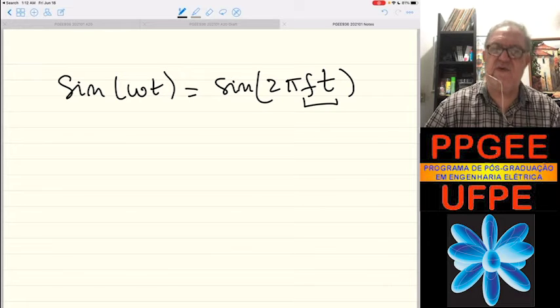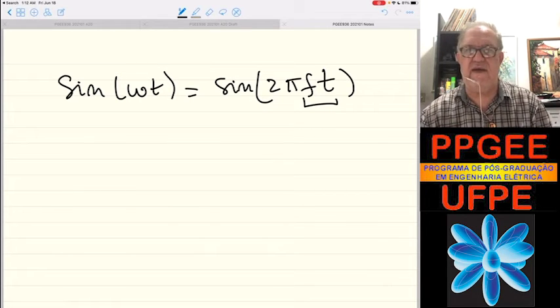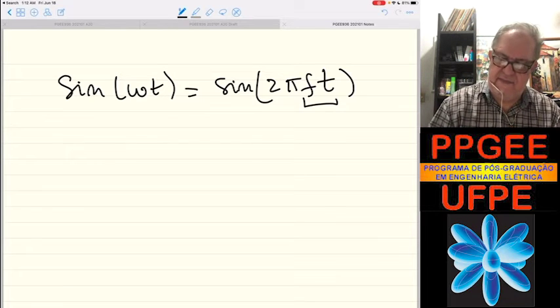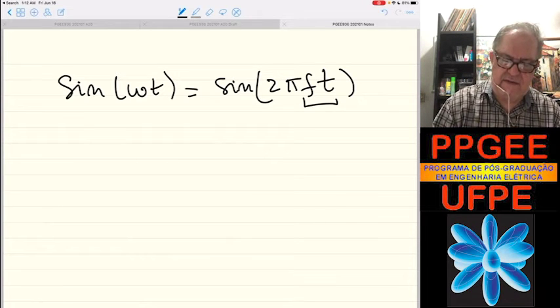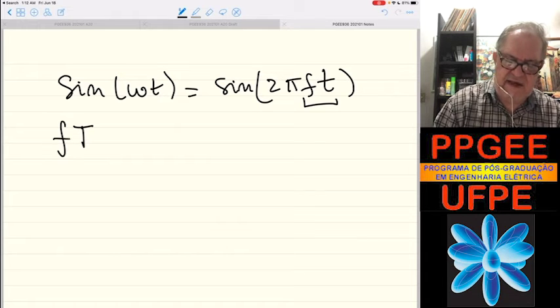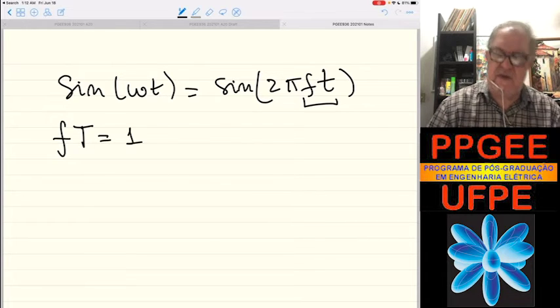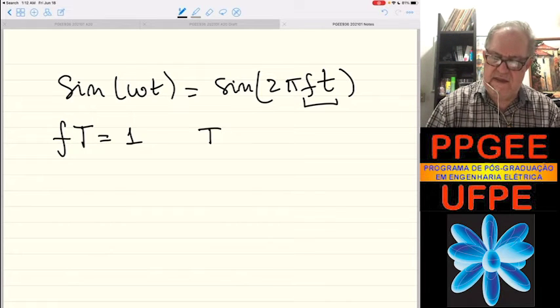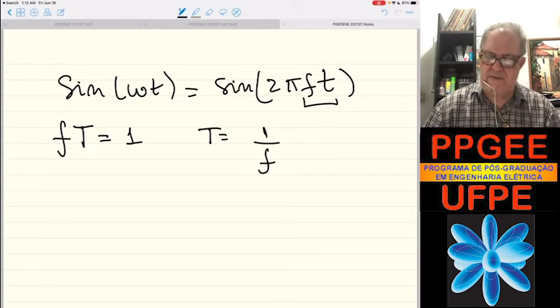So when this equals a multiple integer value, we have a repetition, right? So for a given period T, f times T equals 1 gives a repetition of 2 pi. So period is the inverse of frequency in cycles per second.